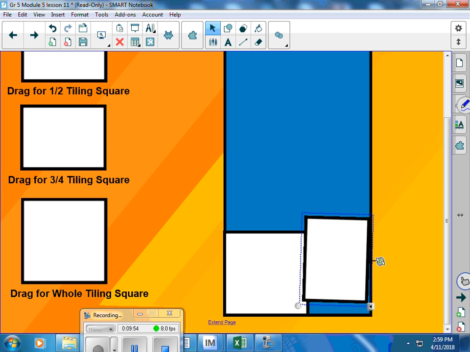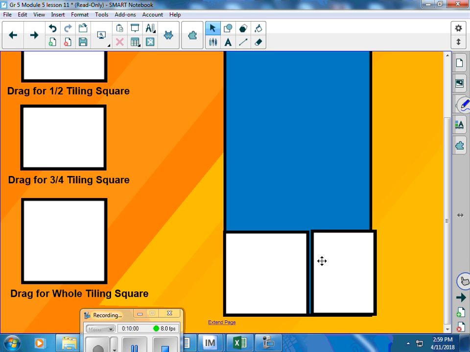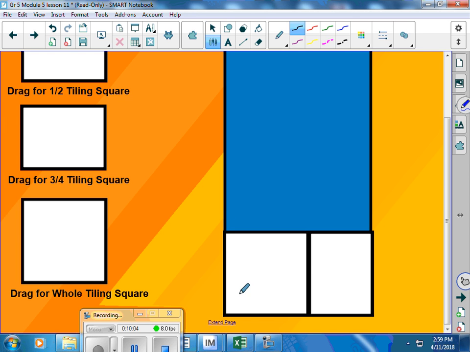Whoops, this is close. A little shaky. There we go. 1 and that block was 3/4. So my length for this rectangle is 1 and 3/4. Okay, sorry, that's running out of room.